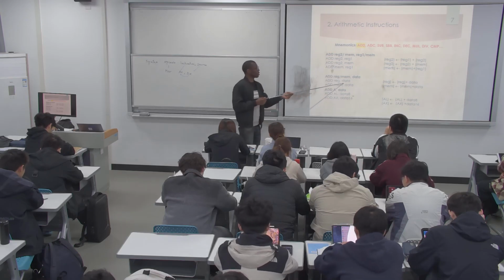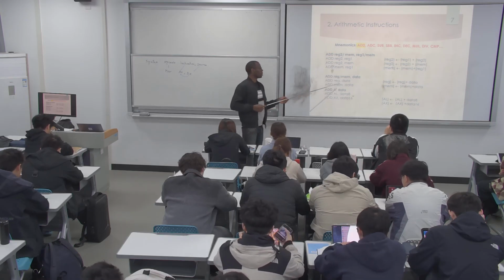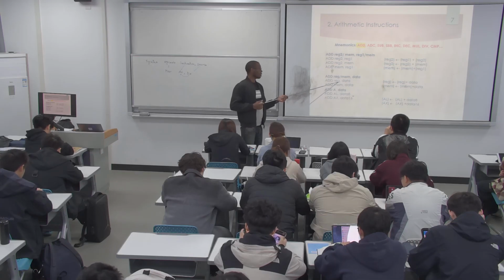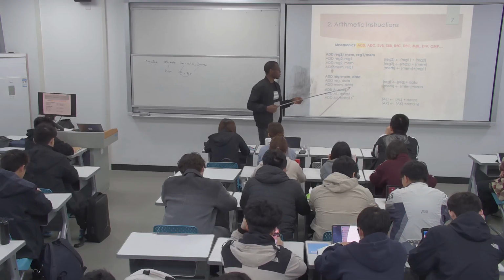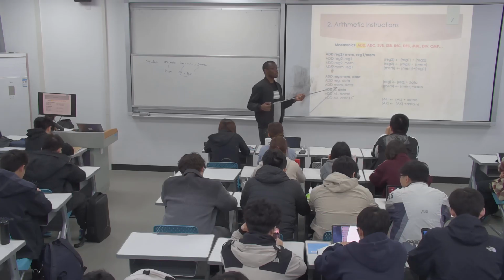We can also add a specific data to the content in the register and store the data into the register. We can also add specific data to the content at a specific memory location, then store the data at that memory location.